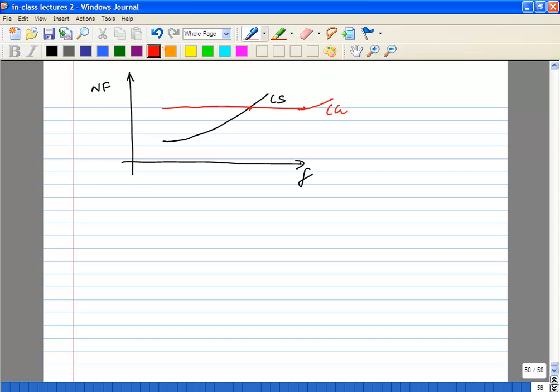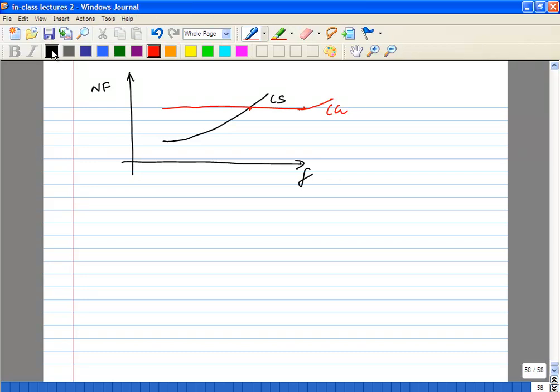Because remember we calculated the common gate last week. It is 1 plus gamma over alpha, right? So that is actually high enough. We saw minimum is 2.2 dB, so it's actually much higher than a common source. But the frequency at which a crossover occurs may be tens of gigahertz, maybe 20 gigahertz, 30 gigahertz. At the typical frequencies of interest, you may not worry about the common gate too much.